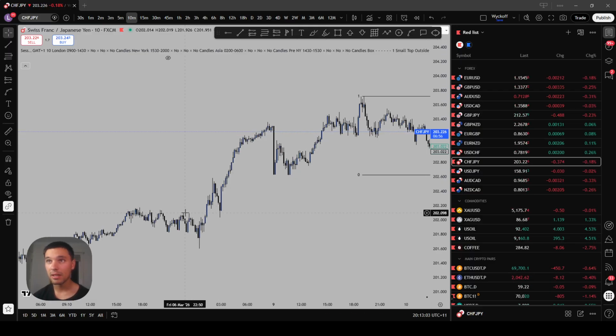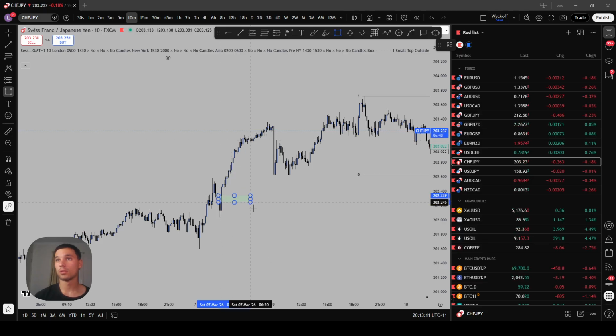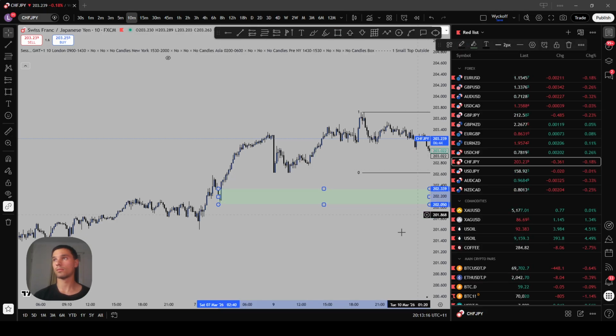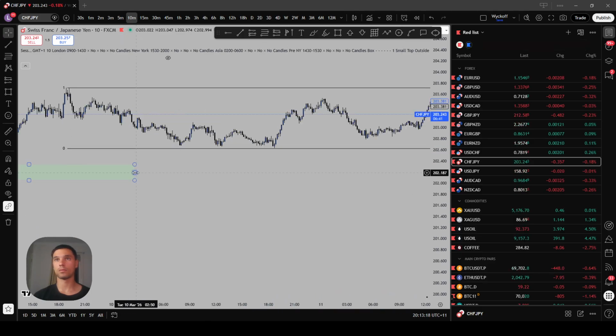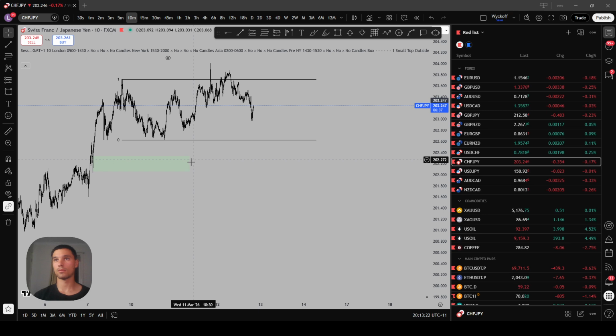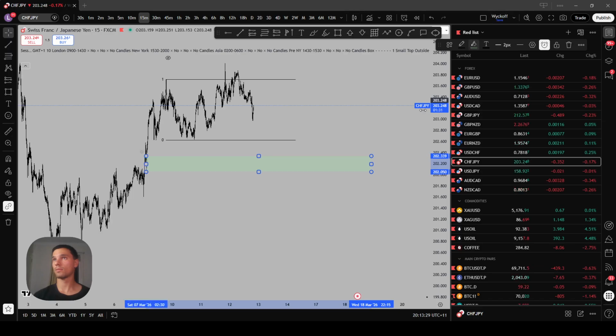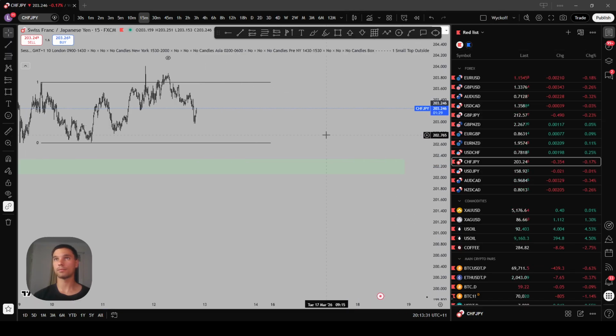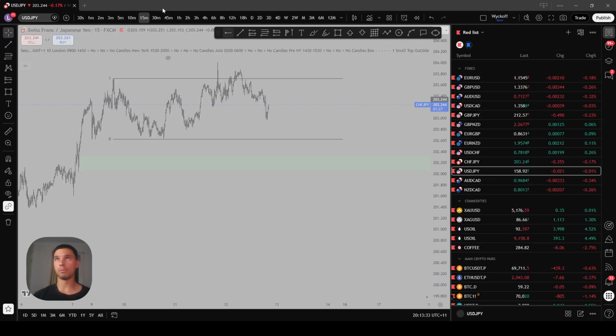And that's been mitigated as well. Yeah, this is valid. Here's the JPY.